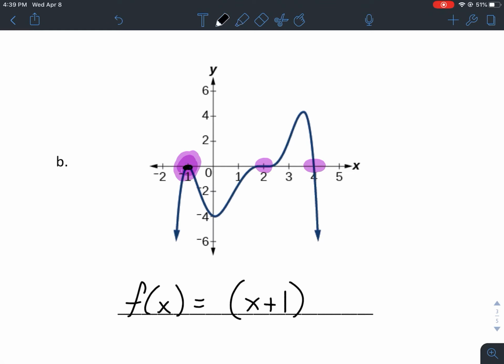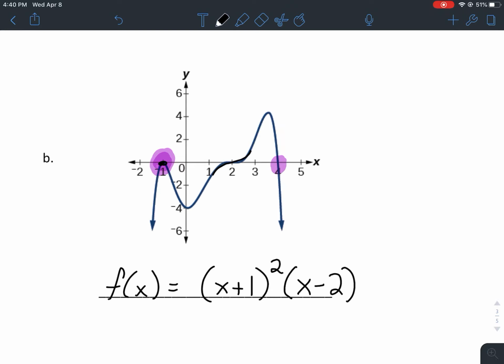1 is an odd number. And then at positive 4 here, our factor would be x minus 4. And since at this point it also passes through, we do not need to add an exponent since 1 is already an odd number. Odd exponents signal that it's going to be a pass.